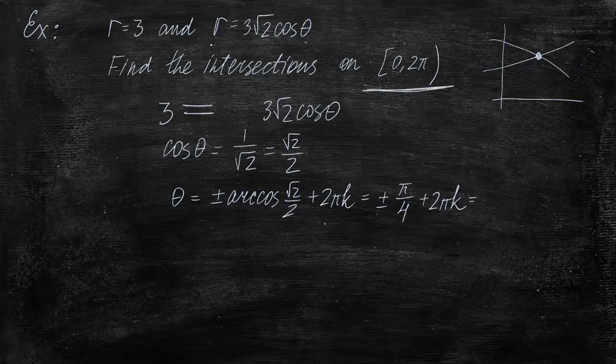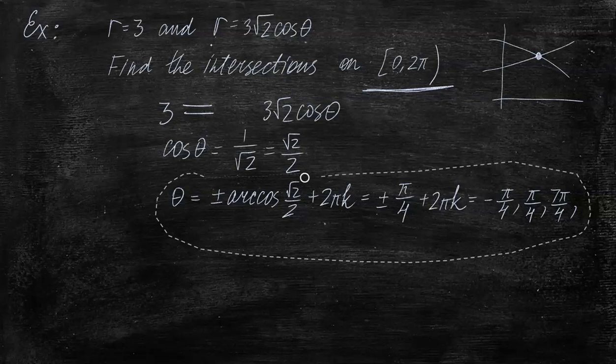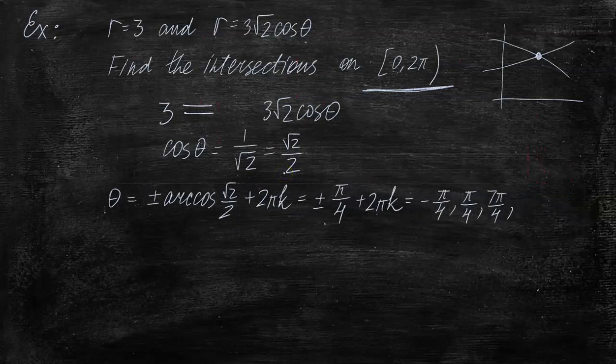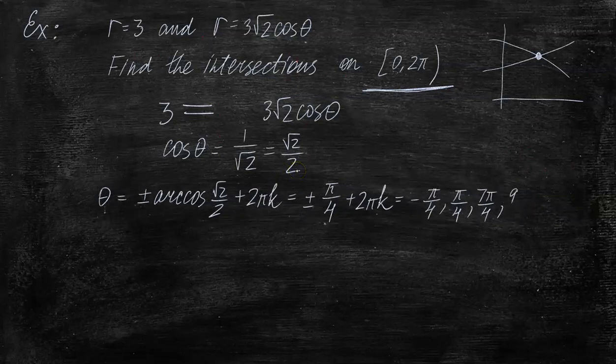So we have negative pi over 4, pi over 4, and to each one of them we can add 2 pi. So adding 2 pi to negative pi over 4 is going to be 7 pi over 4. Adding 2 pi to pi over 4 will be 9 pi over 4, and so on. Remember, we're only looking for the values on the interval from 0 to 2 pi.